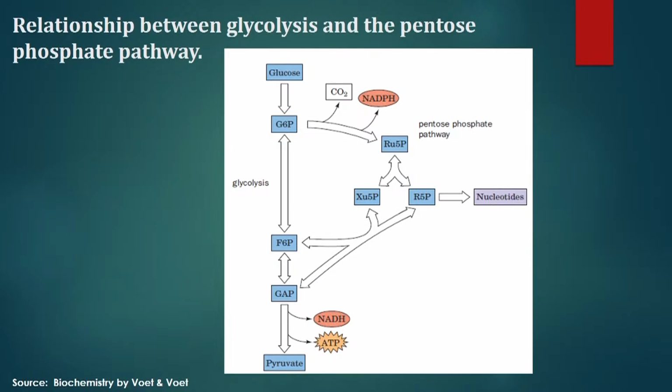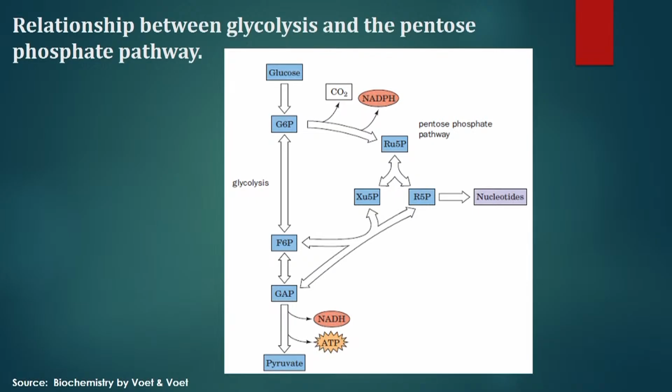You can say these two pathways are interlinked. Further, the pentose molecule is converted into different isoforms, and one of them is ribose 5-phosphate. You know that ribose is the sugar that makes the nucleotides, right.